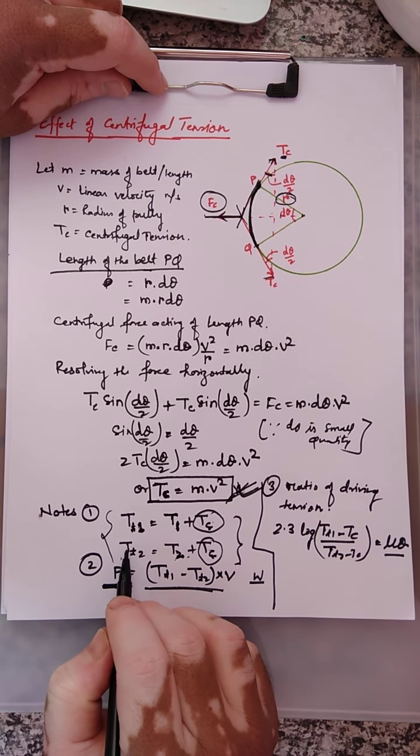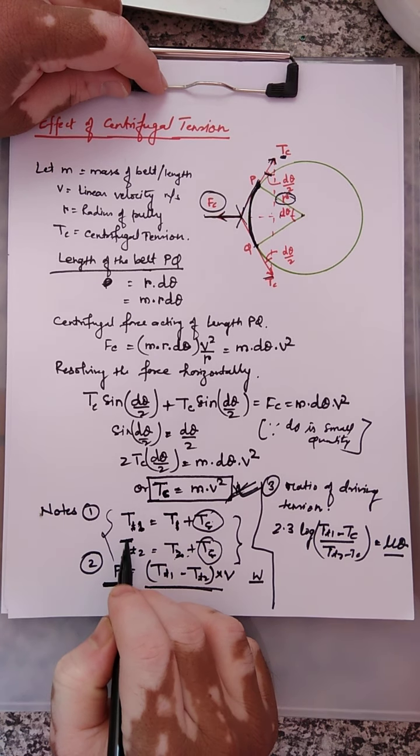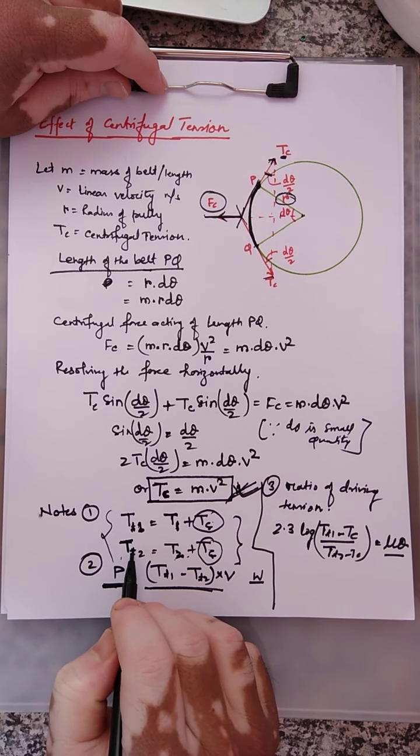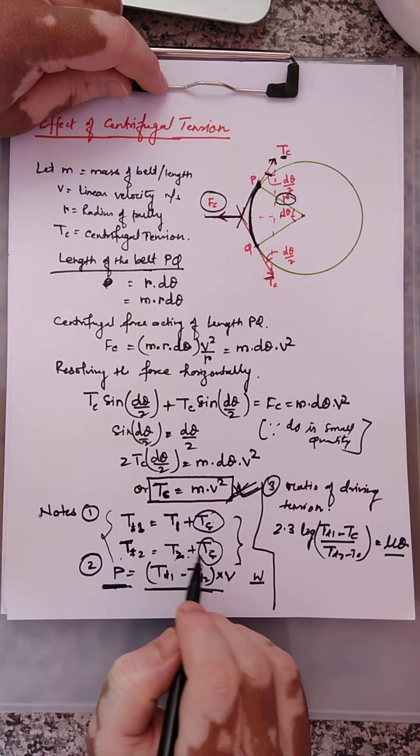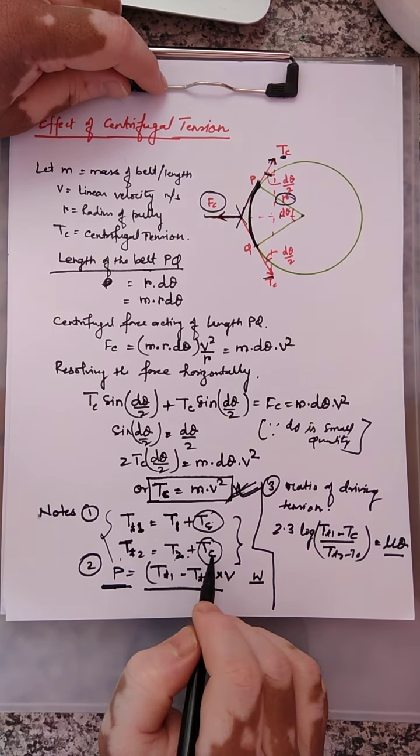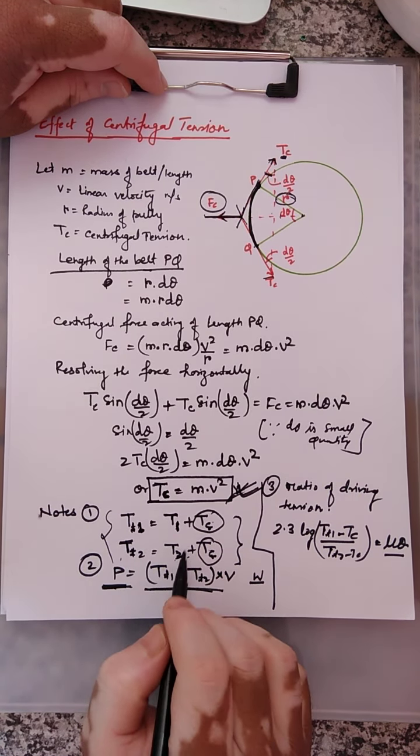Now in the slack side, the total tension, T total 2, is equal to T2 plus Tc. So these two components will be added to the tight side and slack side tensions, and this will be the formula.